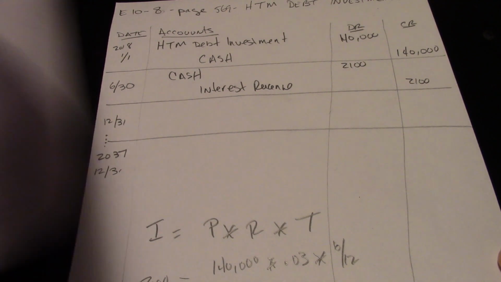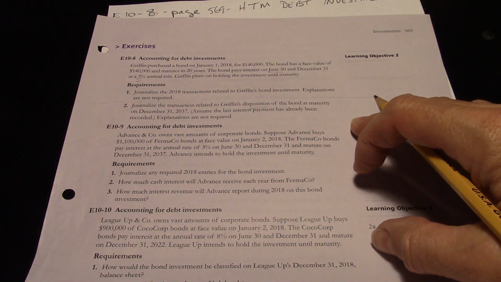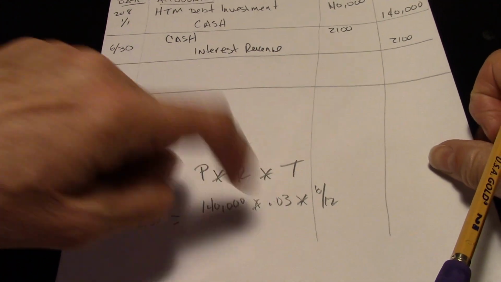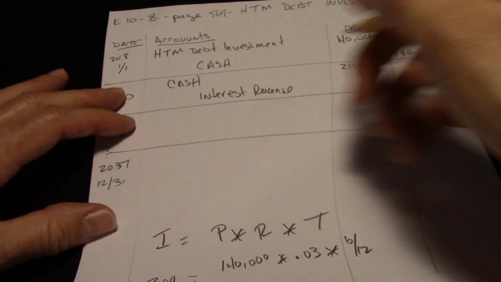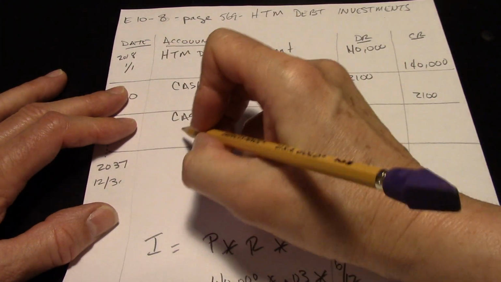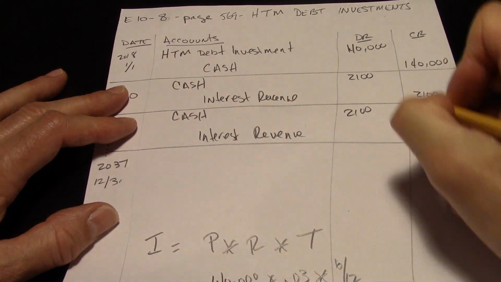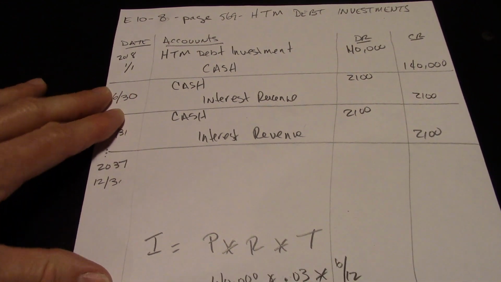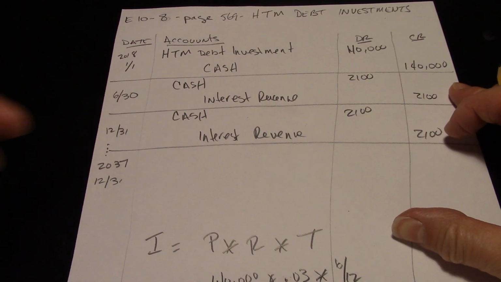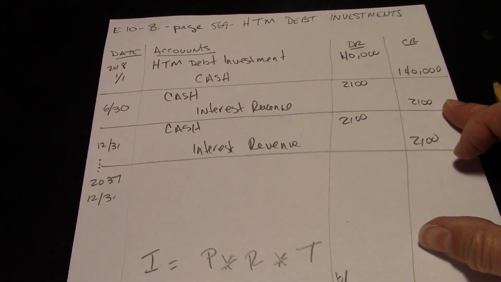The next transaction for 2018 comes when they pay interest to us again. So we receive interest again, and of course it's the identical amount. I don't have to redo 140 times 3% times 6/12. I just know that I'm going to get cash of 2,100 and interest revenue of 2,100, and it just goes on the books. Now, in theory, we're going to hold this bond to maturity, and so every 6 months from now to when it matures, this same transaction happens.